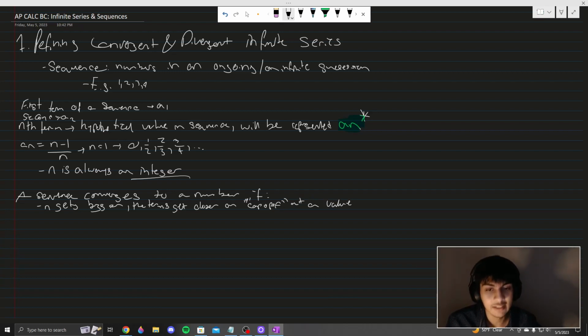They'll seem to cap off as n gets bigger and bigger and approaches a value. Okay, and that number represents the limit of the sequence. Okay, the limit of the sequence.